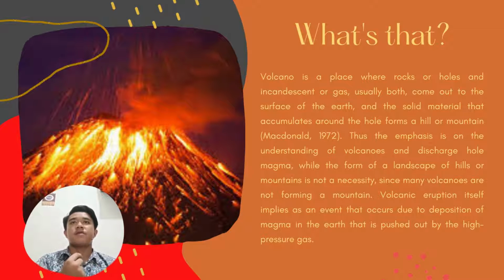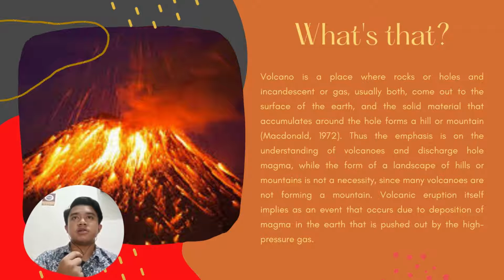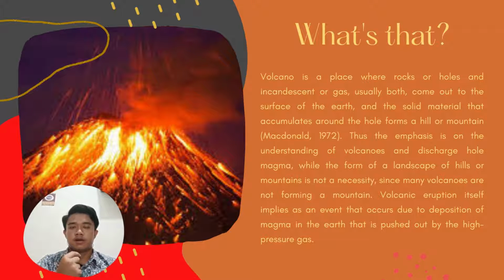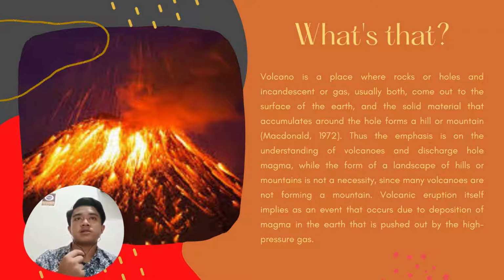What is a volcano? A volcano is a place where rocks or hot fluids and incandescent material or gas, usually both, come out to the surface of the earth, and the solid material then accumulates around the vents, forming hills or mountains (McDonald, 1972).